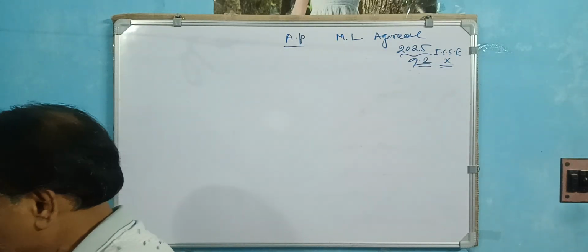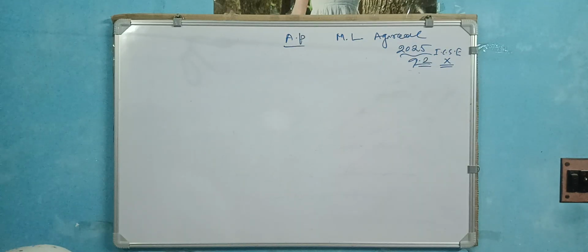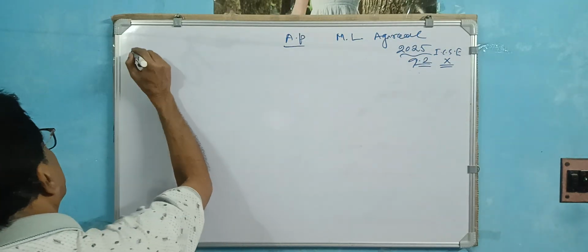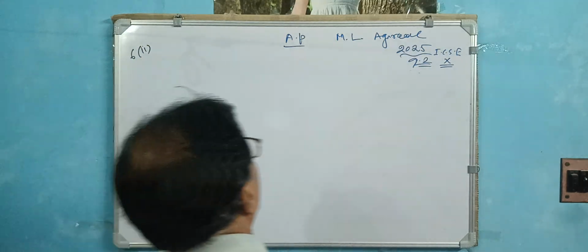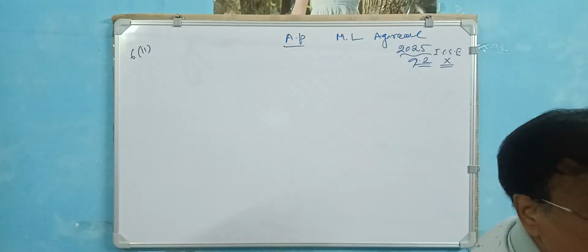Just let me write the sum. This is 6.2, all from the ML Aggarwal 2025 edition.